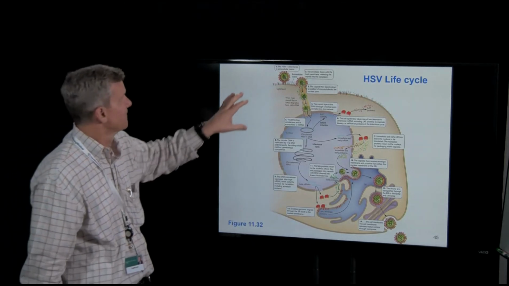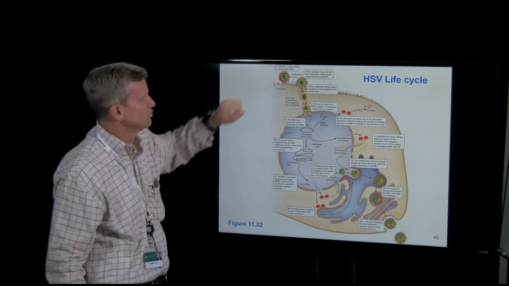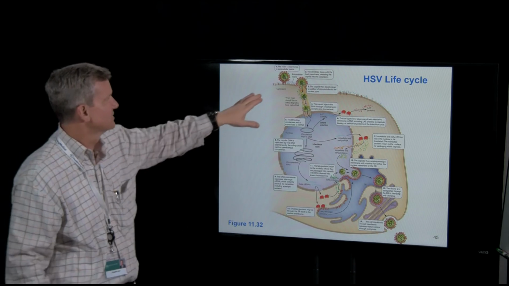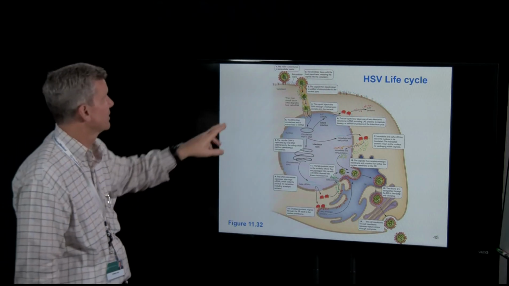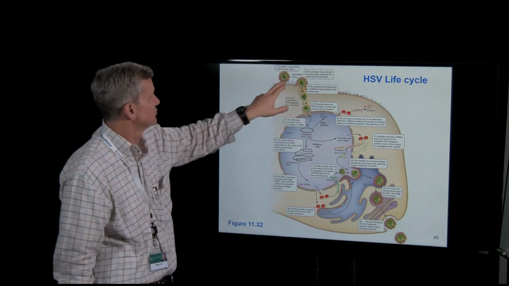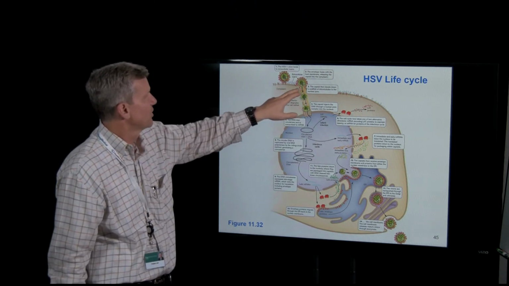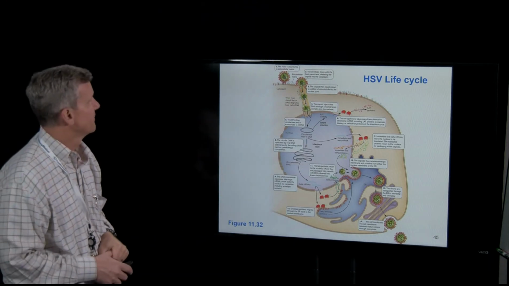But just quickly, we have a binding of the virus to a host cell. So let's say this is an epithelial cell on maybe your lip or skin, something like that. Then the membranes fuse. So we have the herpes virus membrane fuse with the cell membrane.